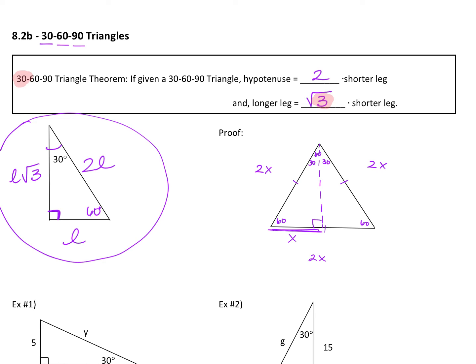Okay, now we have this right triangle here. And with a right triangle, you can use what theorem to find a missing side? The Pythagorean theorem. So I could right now say x squared plus, let's say we just call this y, just for a different variable, x squared plus y squared equals (2x) squared.